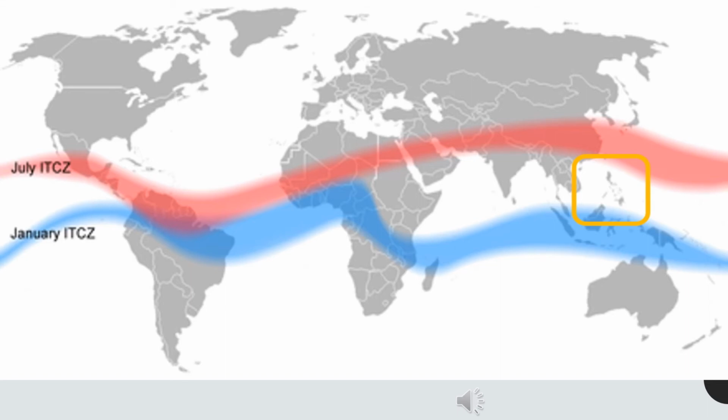Thus, it moves northward during March to May when it is summer in the northern hemisphere, and it moves southward during September to February when it is summer in the southern hemisphere. Ang ITCZ ay nagdudulot ng high cloudiness, frequent thunderstorms, and heavy rainfall.